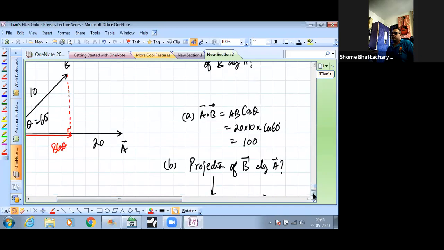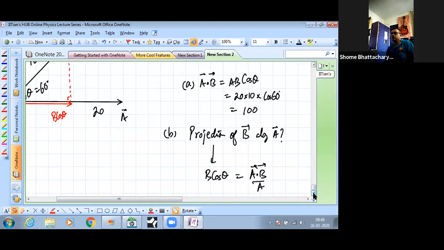Whether you do it by this formula or you directly do it in the diagram, you can see that that will be equal to 5. Whether you write it as 10 cos 60, or A dot B, which is 100, divided by mod A, which is 20, either way, in any case you can see it as 5.